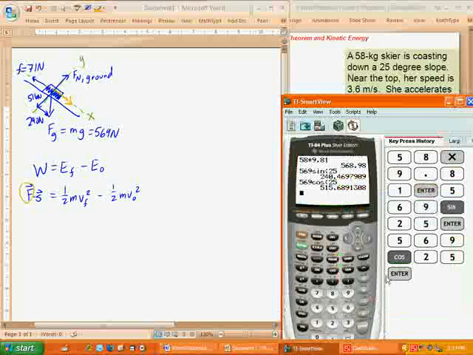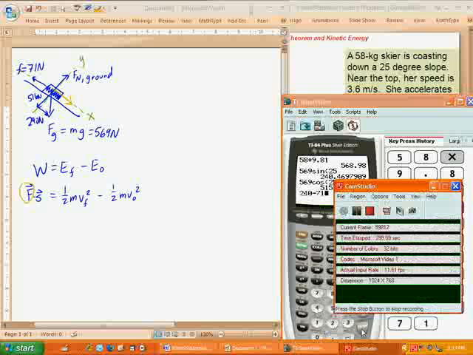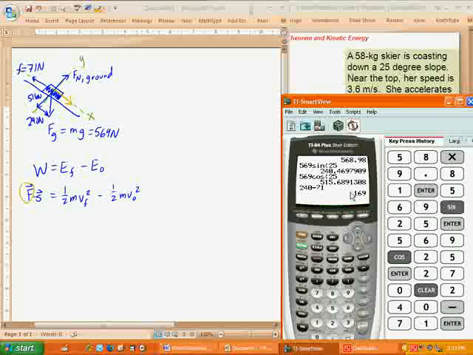So we're going to take 240 and subtract off 71, and then we get 169. So that is the net force.